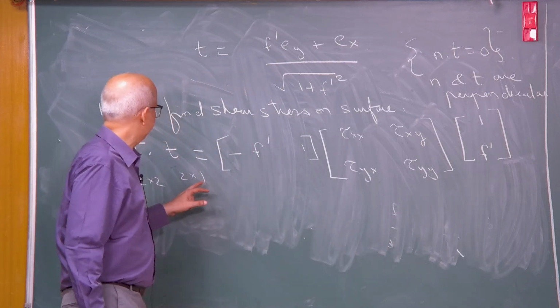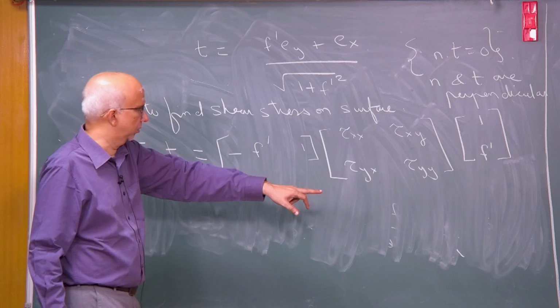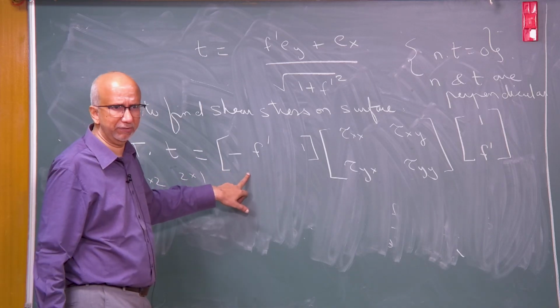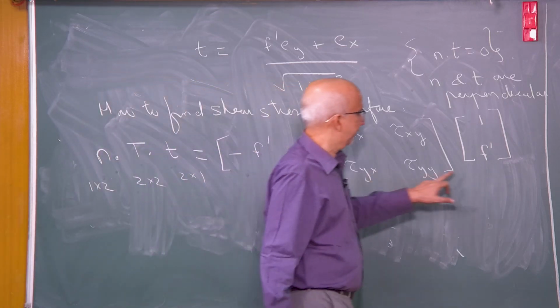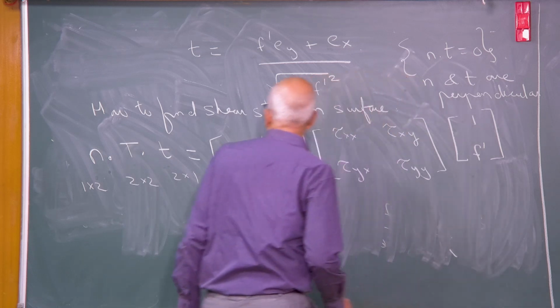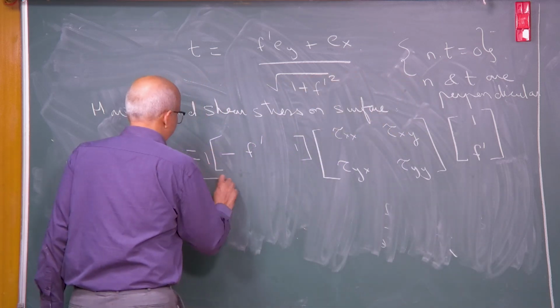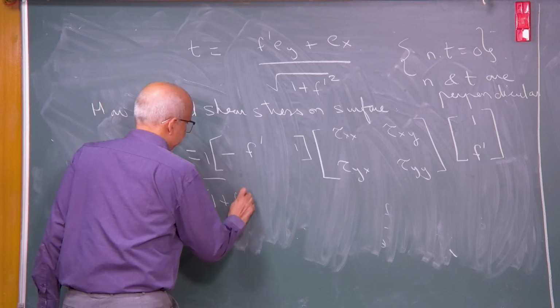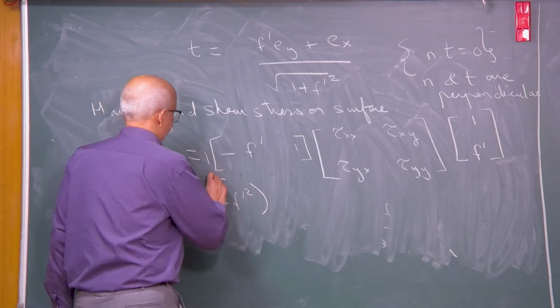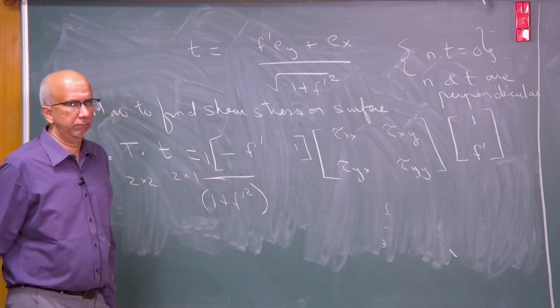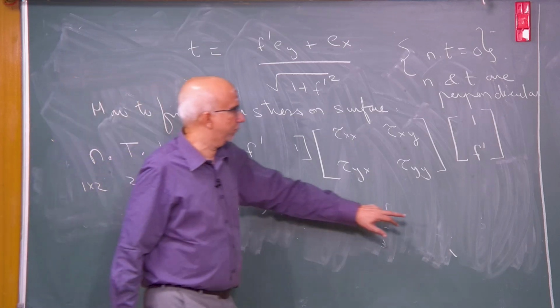What I have forgotten is the square root. There is going to be a square root of 1 plus f dash squared coming from here, and a square root of 1 plus f dash squared coming from here. So, there is going to be a 1 by 1 plus f dash squared, because I have normalized everything.